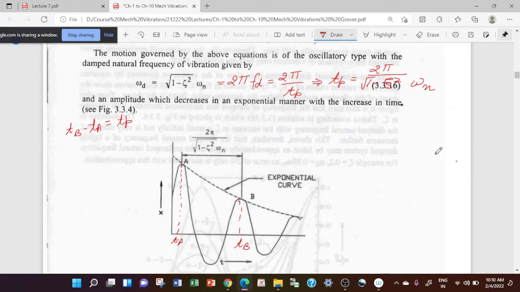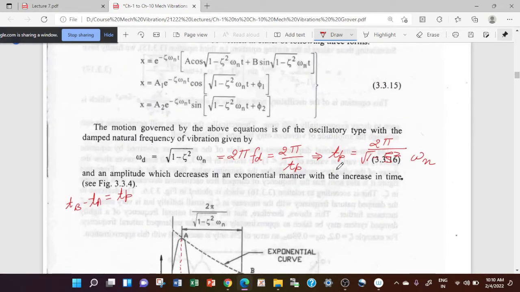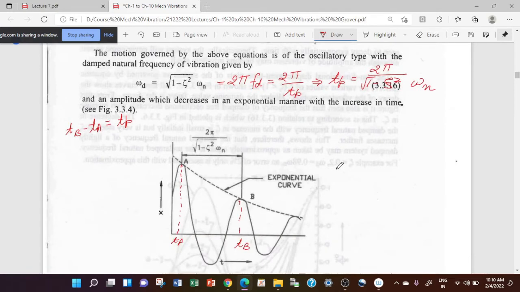And you know that the amplitude of this damped vibration is given by x naught upon square root of 1 minus zeta square into e raised to power minus zeta omega n t.